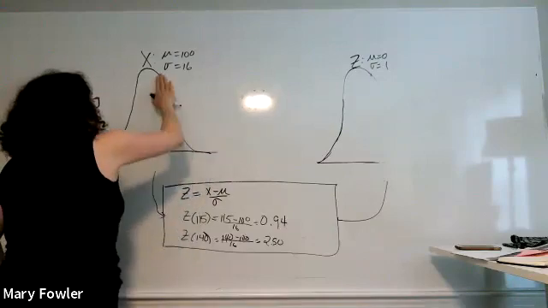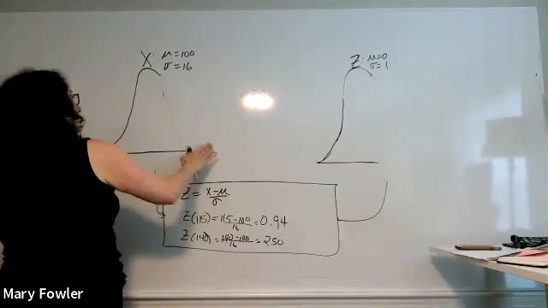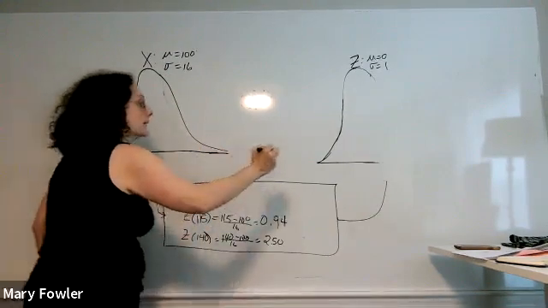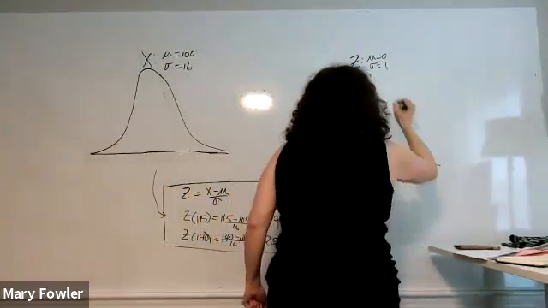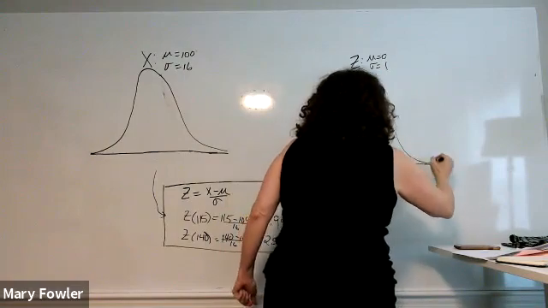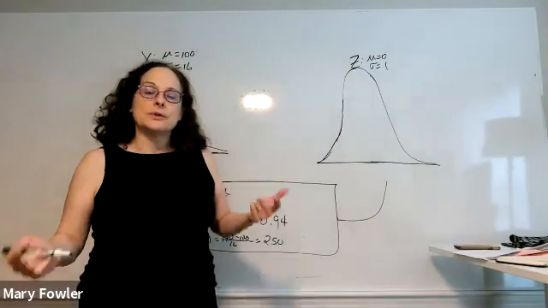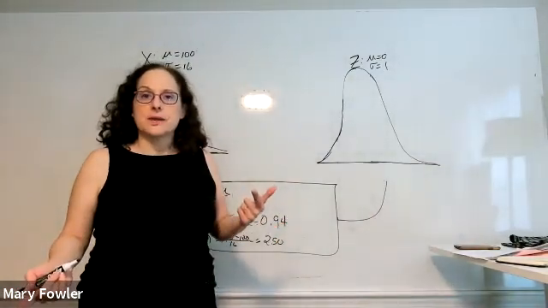The second part of the empirical rule says that about 95% of our observations are within 2 standard deviations of the mean.